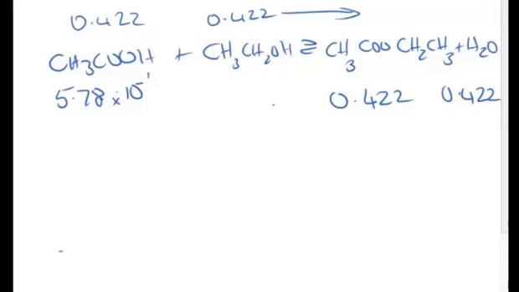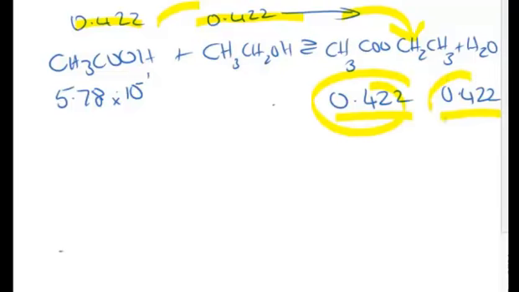Now this can get a little confusing, but if 0.422 was used up, and because it's a 1:1:1 ratio, this is the absolute concentration of the ester here, the absolute concentration of the water, and this is the amount of acid that's left over, because we started with 1 mole, and if we subtract 0.422, that's what we're left with here.